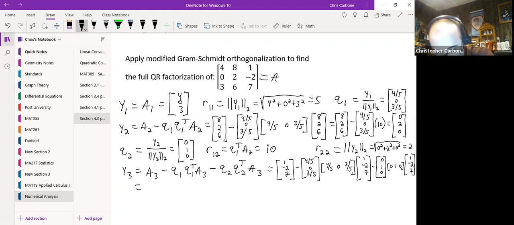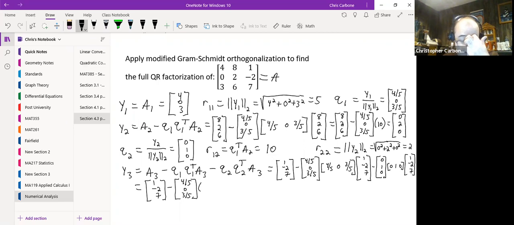We can slightly rewrite this to make life easier. We have 1, -2, and 7 minus 4/5, 0, and 3/5 times q sub 1 transpose times a sub 3. When we multiply those two, we obtain an answer of 5.